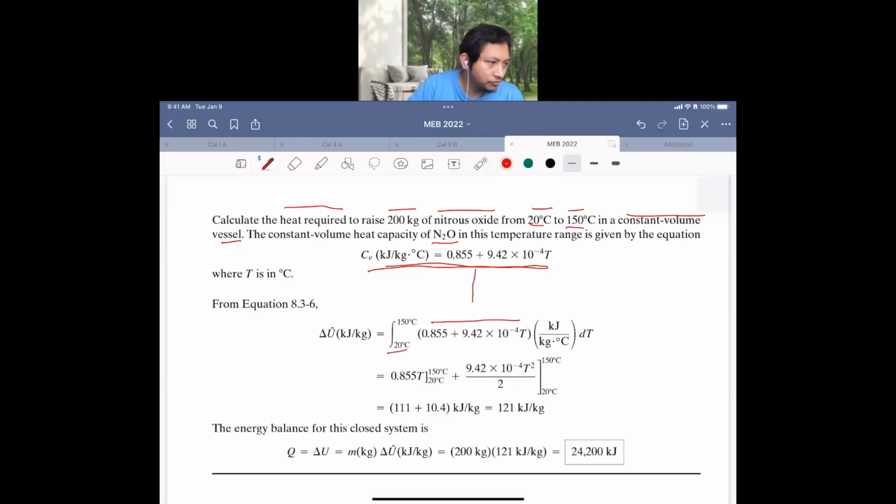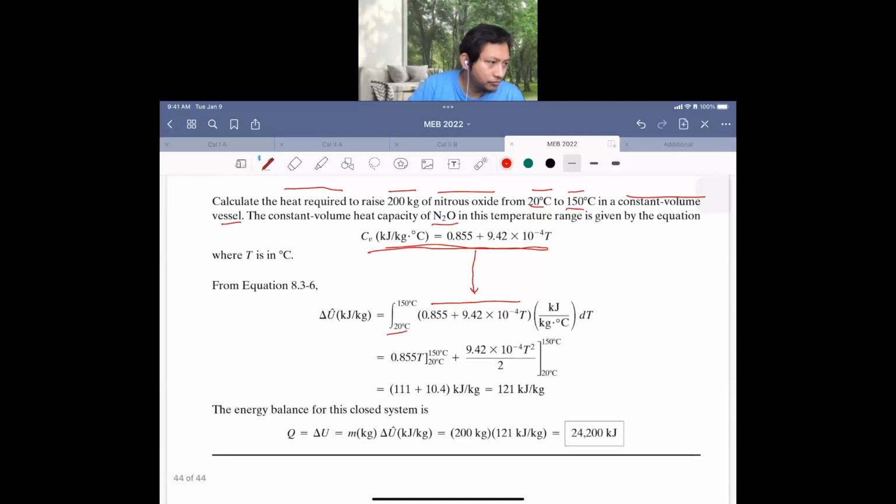Now what we are going to do is take the integration from 20 to 150 and put in the equations, and lastly you need to do some integrations. I believe this can be done by calculator. I hope you're already familiarized with your calculator. And then the energy balance, we get, remember what we have here is still a specific internal energy.